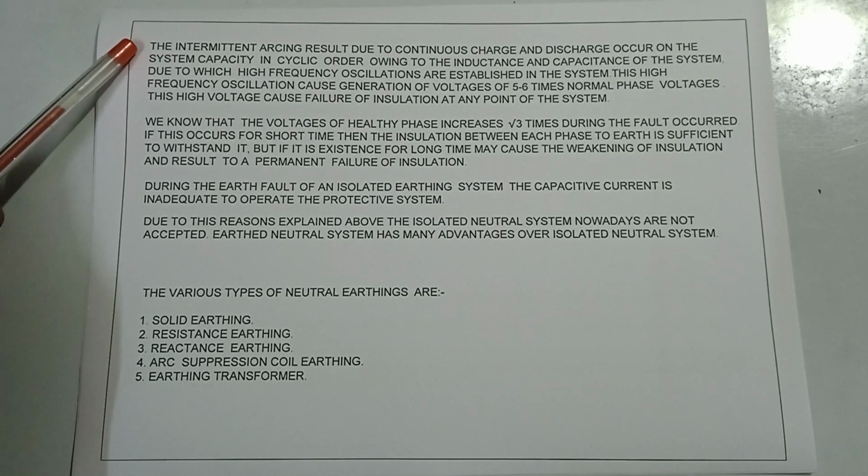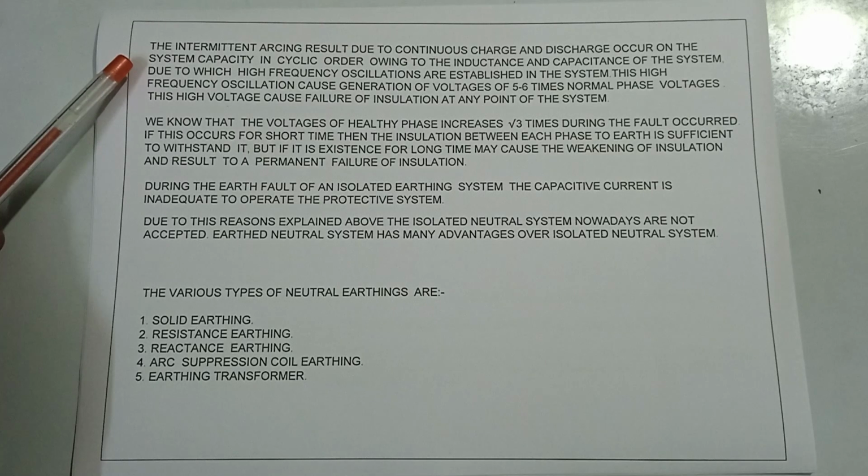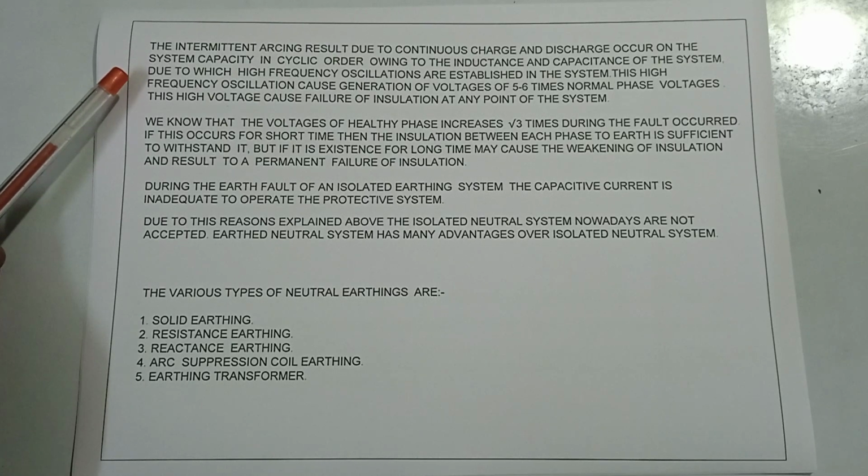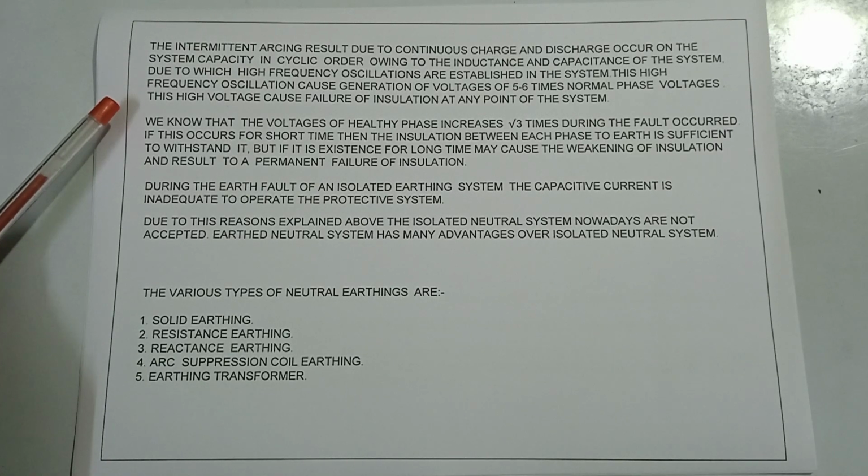The intermittent arcing results from continuous charge and discharge of the system capacitance in cyclic order owing to the inductance and capacitance of the system, due to which high frequency oscillations are established in the system. This high frequency oscillation causes generation of voltage of 5 to 6 times the normal phase voltage. This high voltage causes failure of insulation at any point of the system.